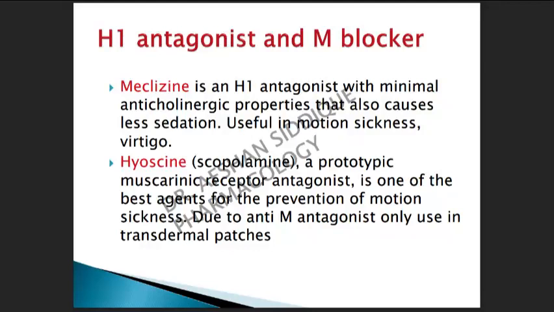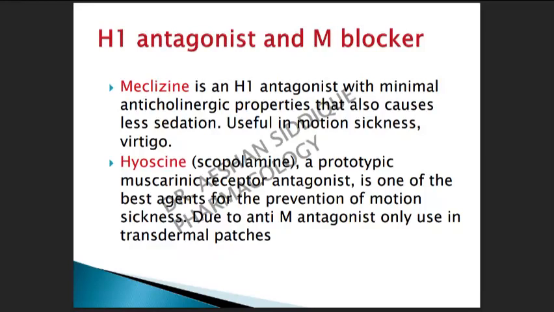So best is that they should be given in transdermal patches, जिसमें आपकी neck पर patches लगा दिए जाते हैं and they can facilitate to minimize the problem which is related to MSS.